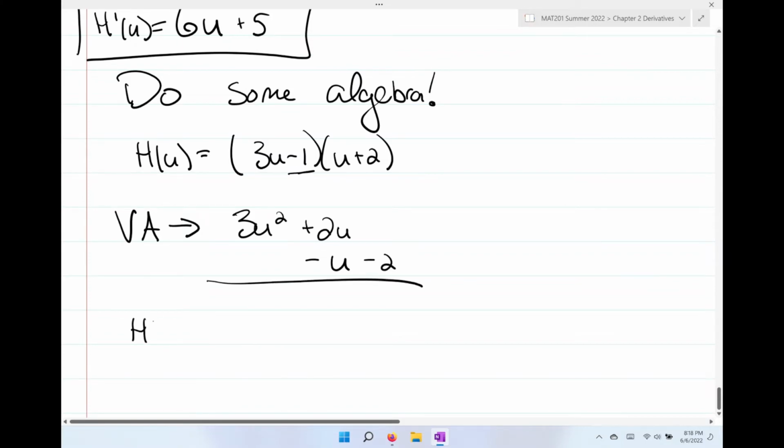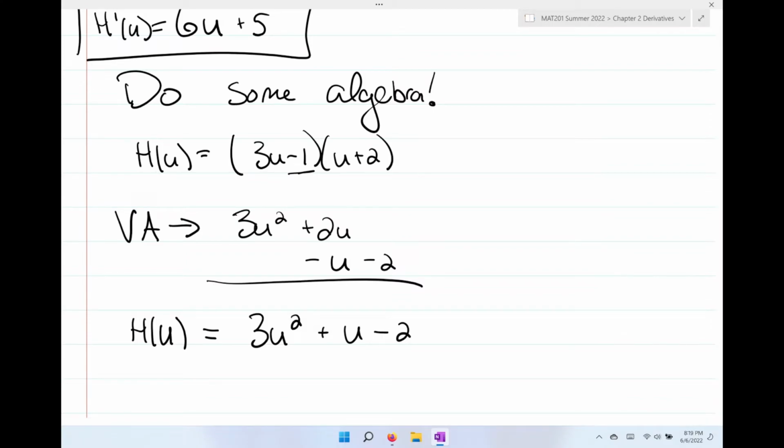Therefore, h of u equals 3u squared minus u, plus u plus 2. And everybody should be yelling at me because this is 6u. And when I group them together, it's my 5u. Sorry, I've been doing this all day, and it's already 8:19 at night, so I'm pretty tired.